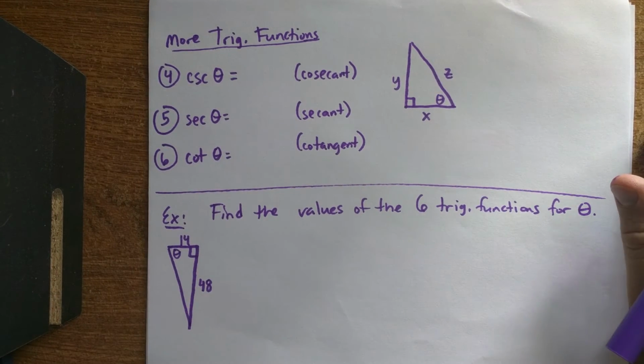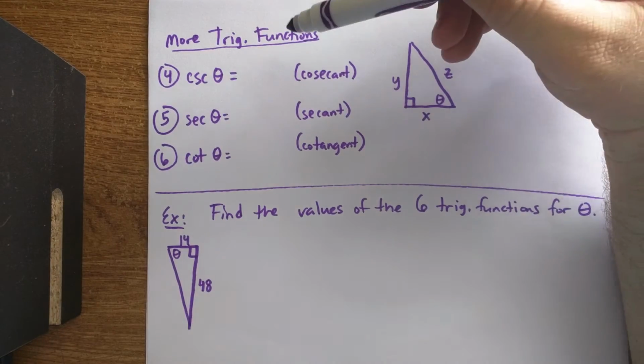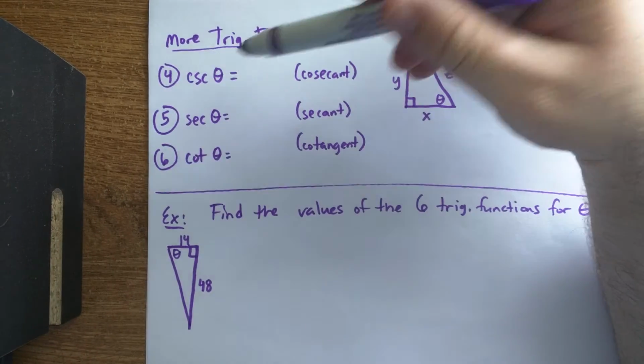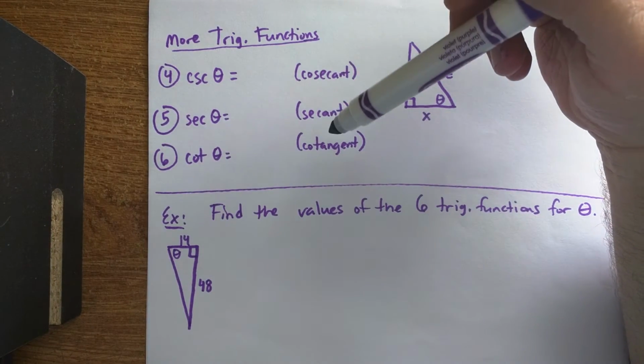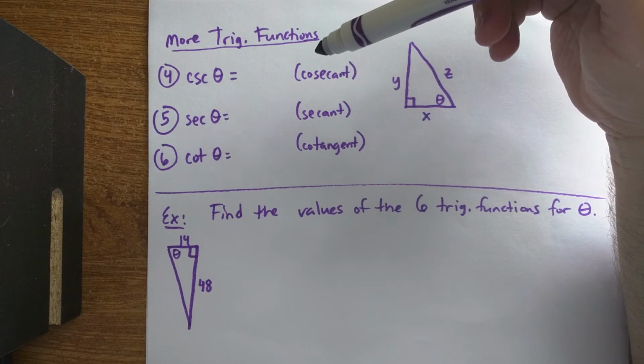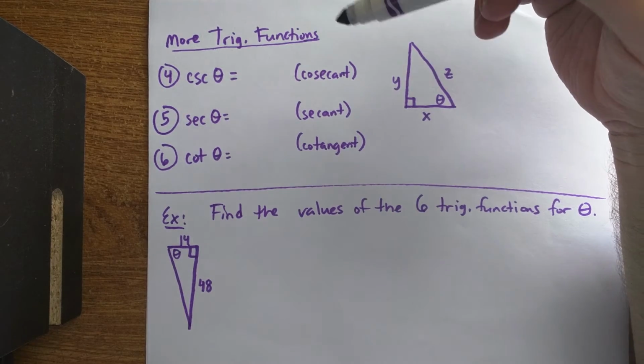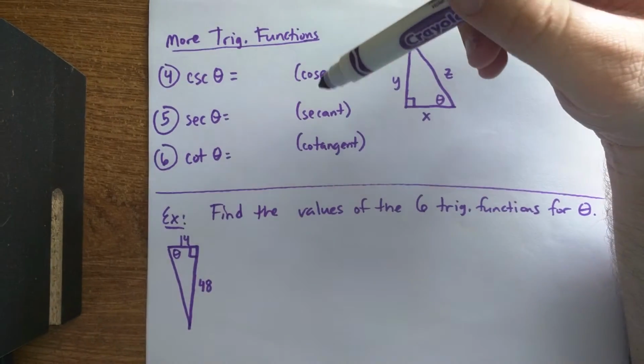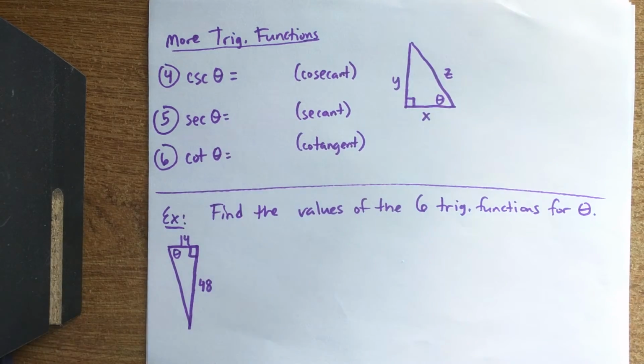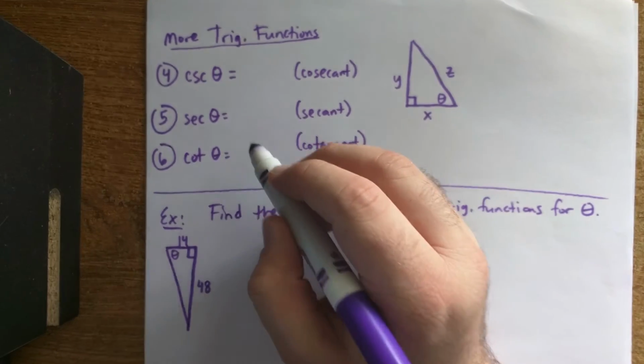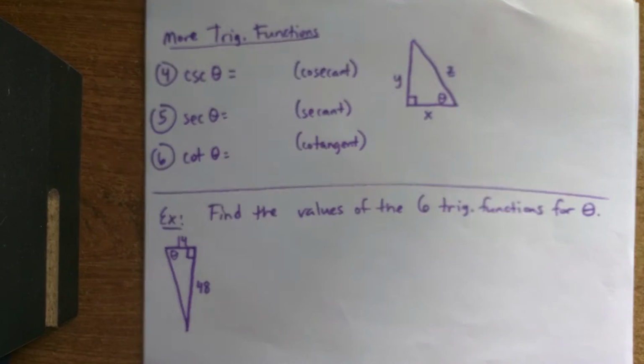Go ahead and copy this down. Like I said, there are a few more trig functions. You know how we had sine, cosine, and tangent? Well, we have what are called their opposites, or sometimes people call them reciprocals. So we have cosecant, secant, and cotangent. Cosecant is the reciprocal of sine.